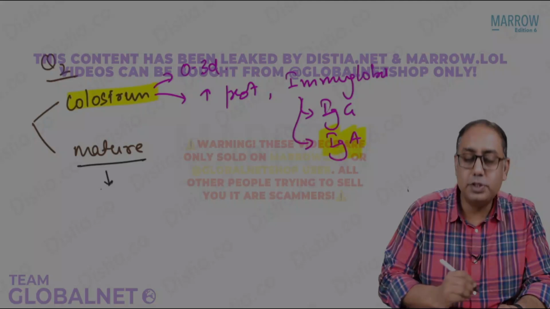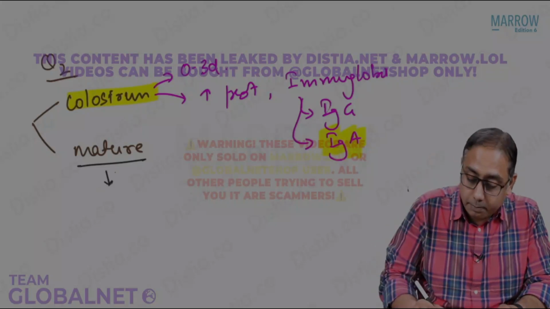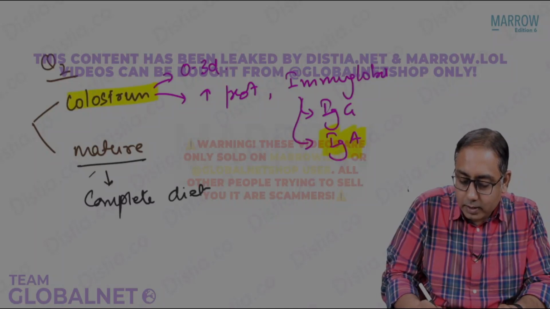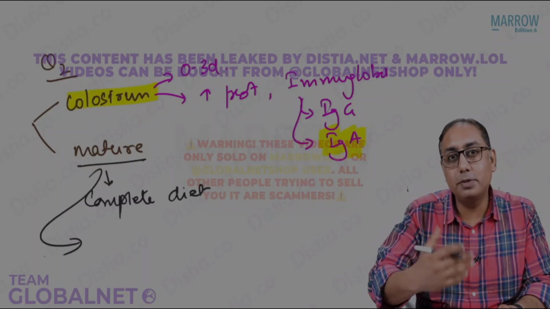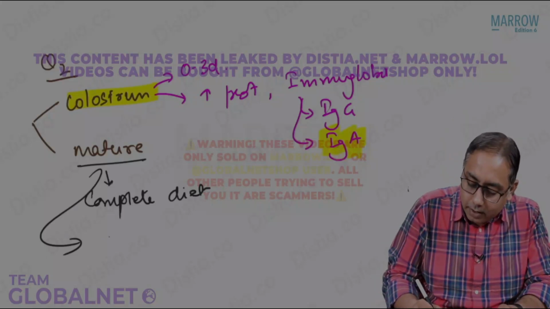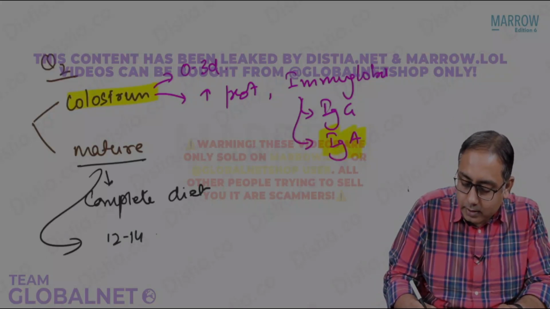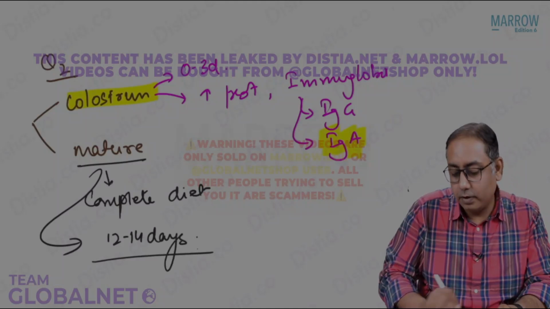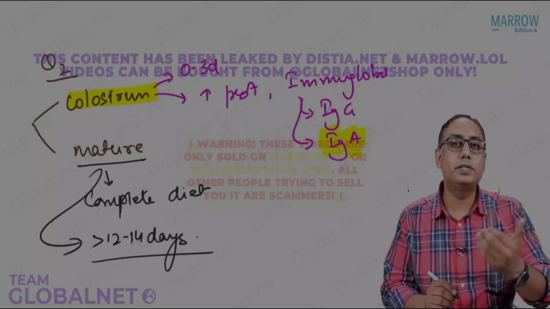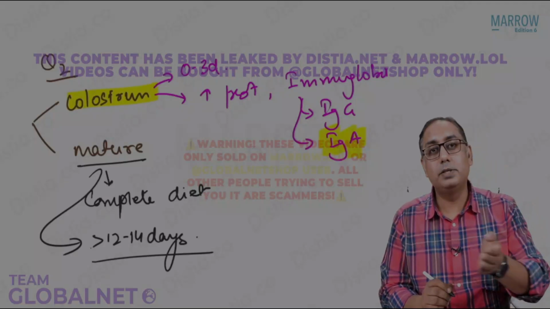Next, what is mature milk? Mature milk is a complete diet. So when does a female start having mature milk? Please note, it is not right after the colostrum. It is after around 12 to 14 days of life of the child. So after 12 to 14 days, we say that the mother's milk is mature milk.